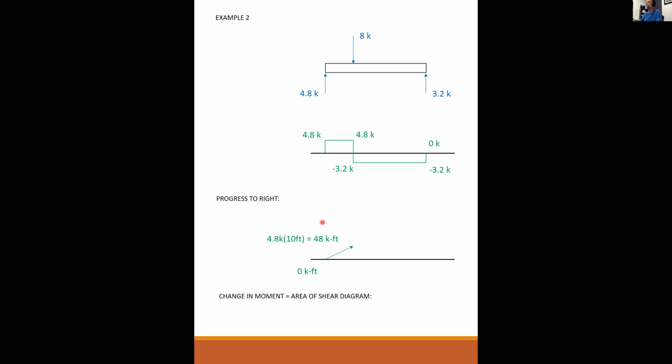That's how you know. Now, that gets me to this point. How do I get back down to here? Well, the change in moment is equal to the area of the shear. The area of the shear is minus 3.2 times, what was that, 20?